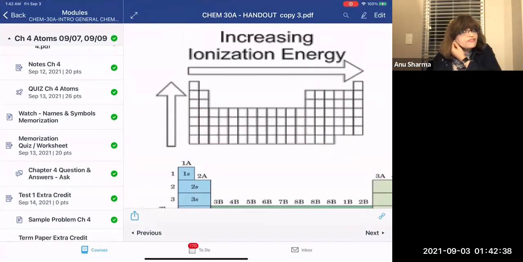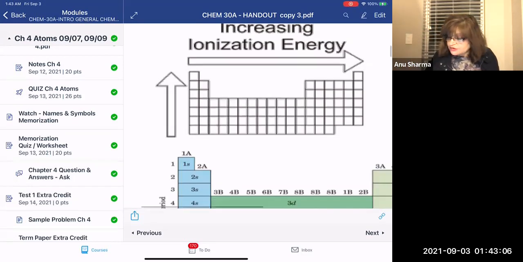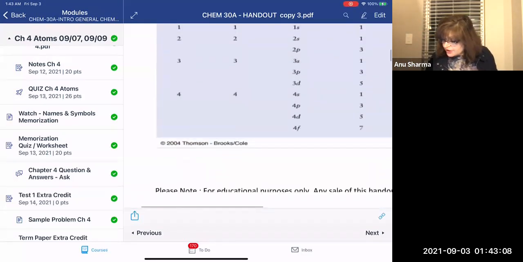It would be very difficult to remove the electrons on the right-hand side of the periodic table. Same is the case in a column: going from bottom to top, the bottom ones do not have a strong ionization energy, meaning they can easily release the electrons. So basically the amount of energy that you give to the electrons, that is the ionization energy.